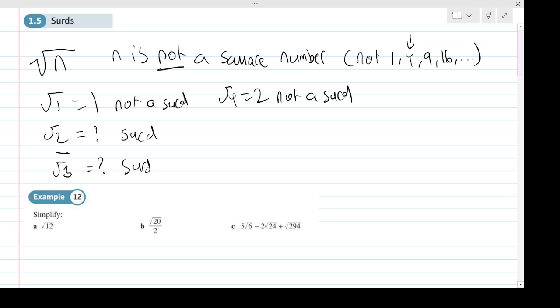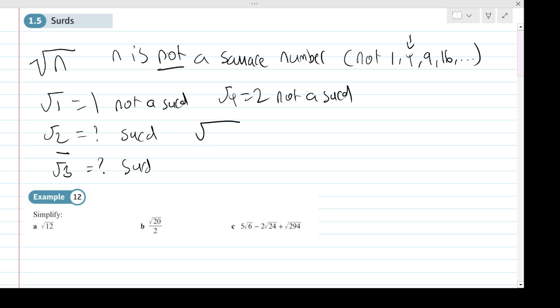Then we can look at more properties of roots. We looked at index laws and fractional indices last time, but when we're dealing with surds or roots in general, whilst we cannot get a nice number, we can simplify them.